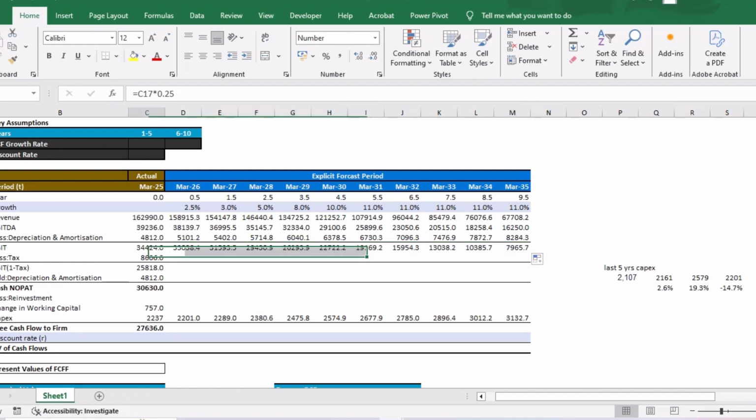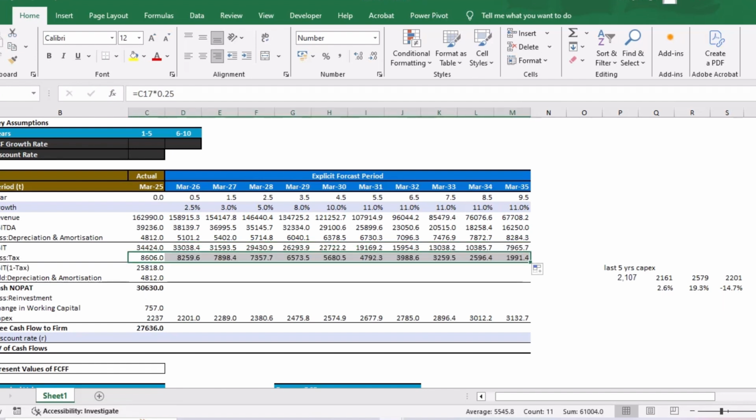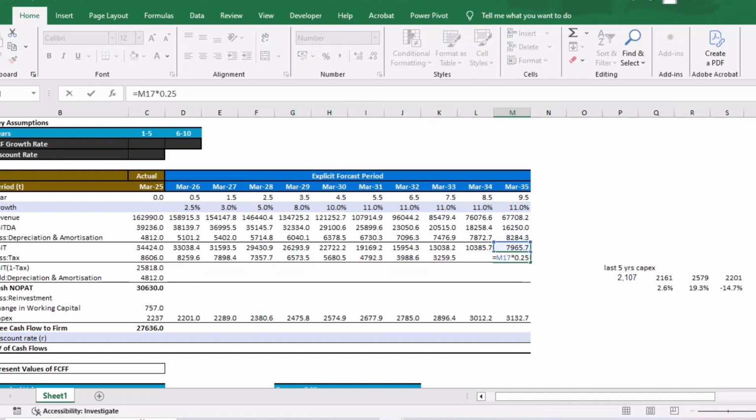Next is tax. Apply the same formula to 25% tax. Okay, there's a mistake I guess. No, it's right.